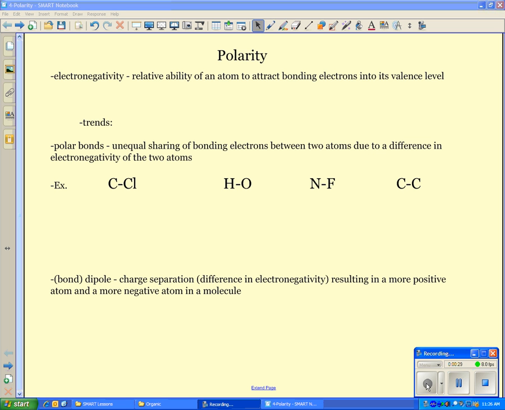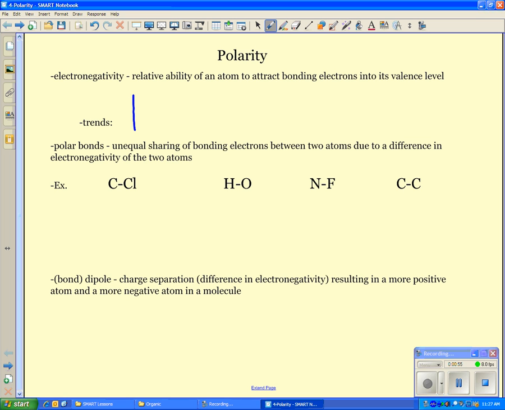And we want to look at the trends that you might see on the periodic table. So if you look up and down or side to side, what you should notice is that there is a general overall trend of those values increasing or decreasing. If you look at metals on the left-hand side and the values of their electronegativities, you should see that the values increase as you go up.